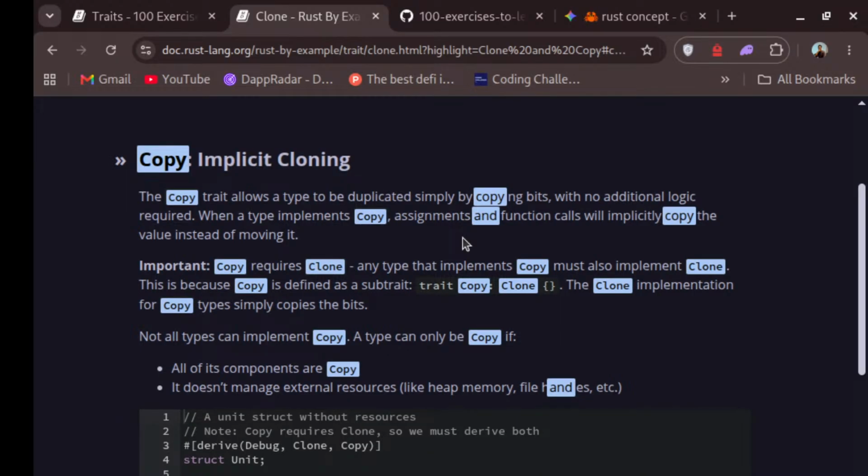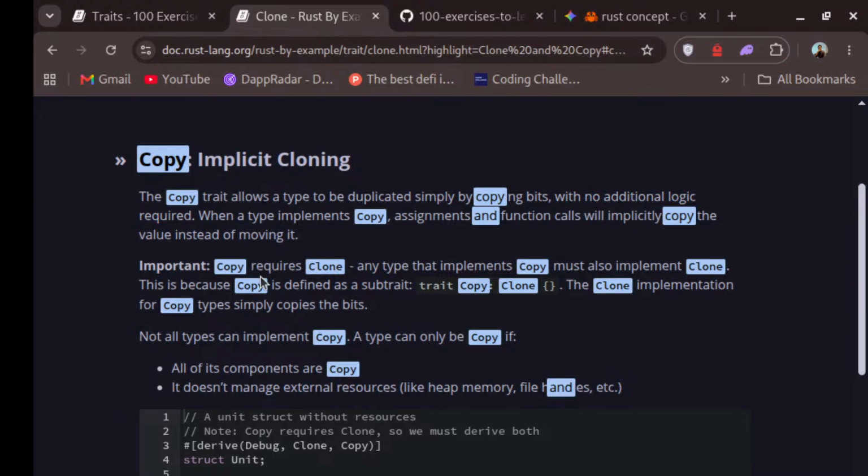Here you can see the Copy trait allows a type to be duplicated with simple code. We all know that, but Clone requires additional logic, depending on the implementation.